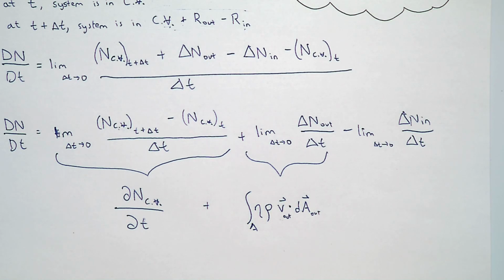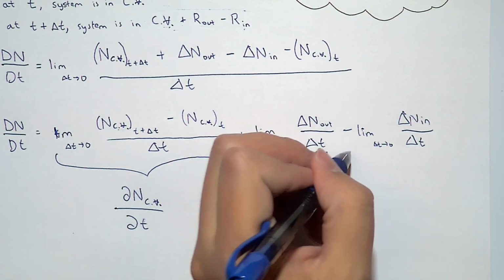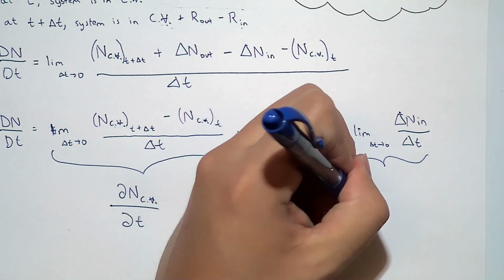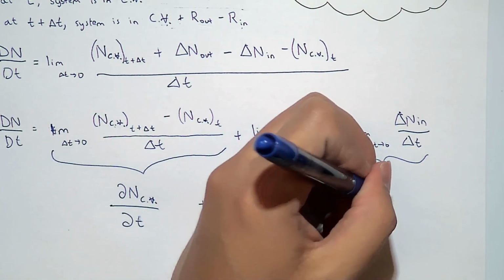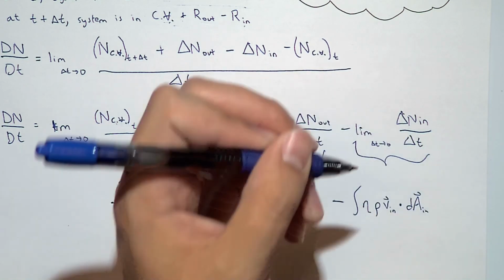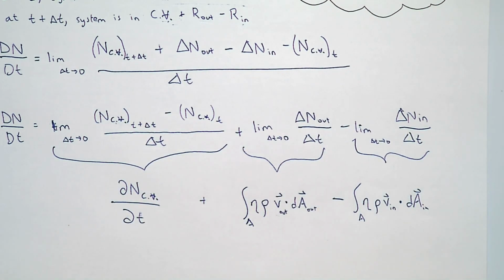your control volume. Okay? And we have minus, and we can write the same thing. What we have here is essentially the integral of my intensive property times my density times my velocity entering the control volume dot my dA entering the control volume, evaluated over an area.